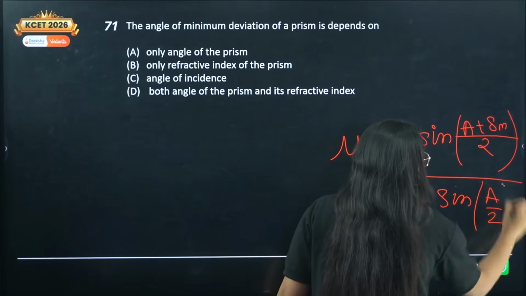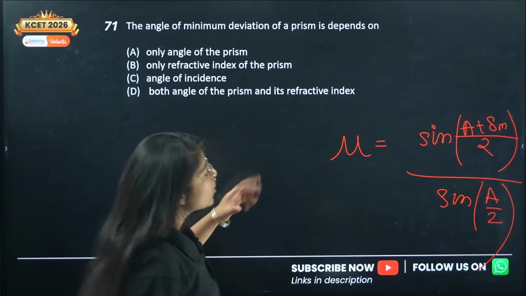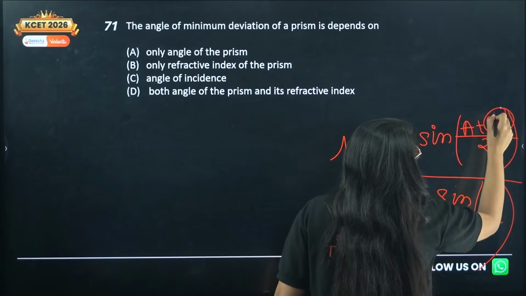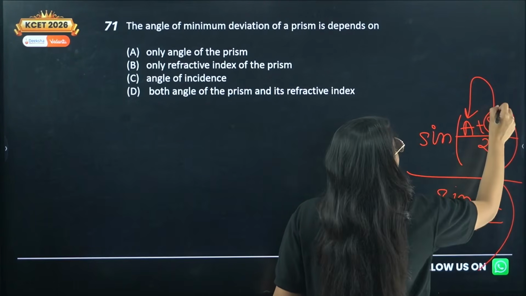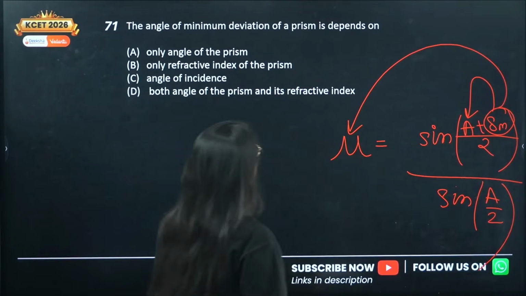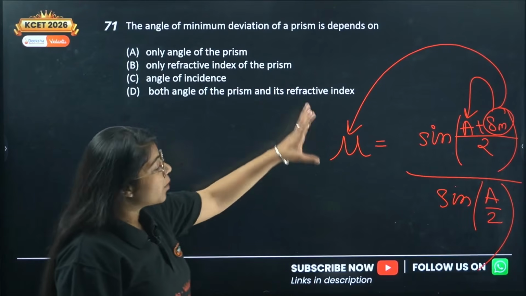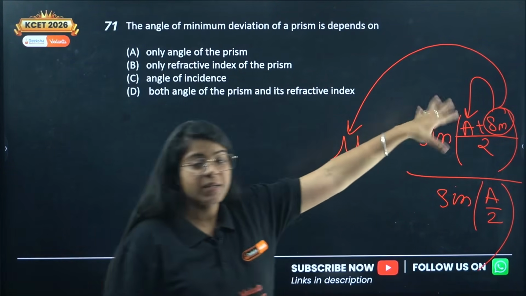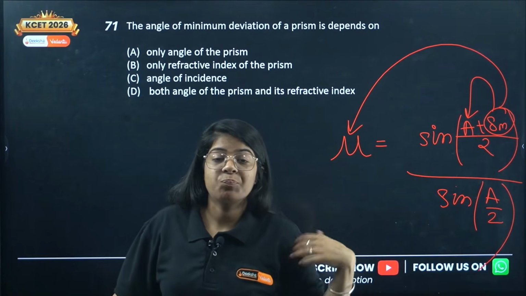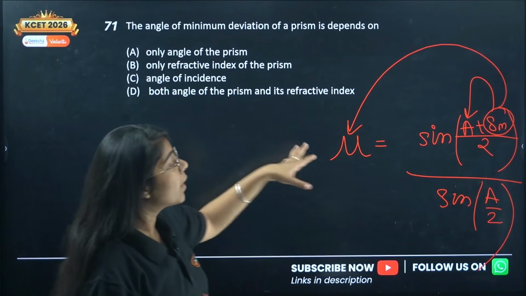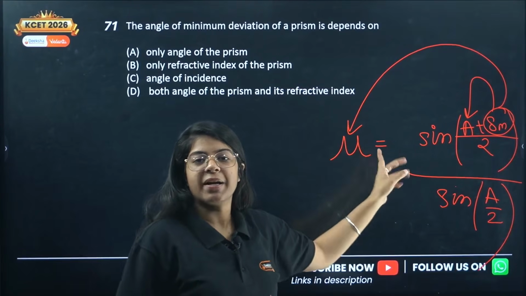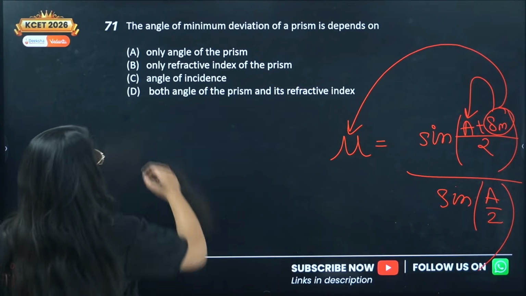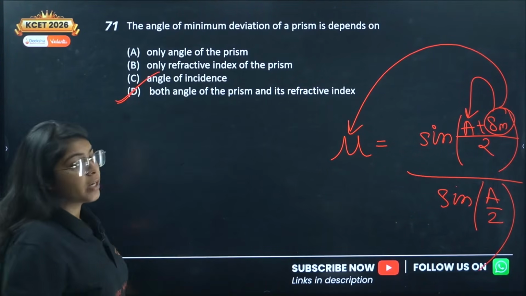So this delta m depends on the angle of prism as well as on the refractive index of the prism. Now, for a particular single prism, the refractive index and the angle of prism are constant, correct? They do not change, but the angle of deviation does depend on these two, correct? So the correct option is option D.